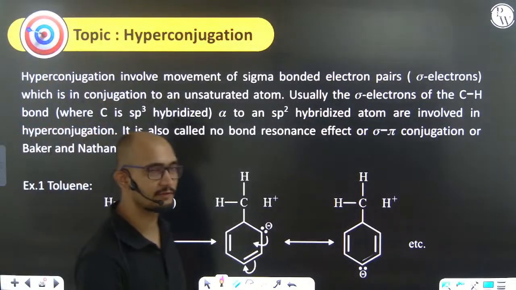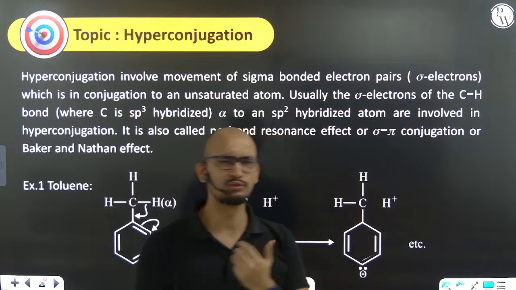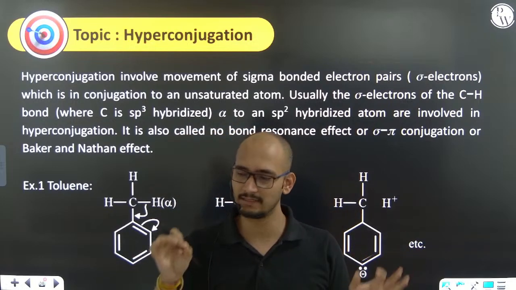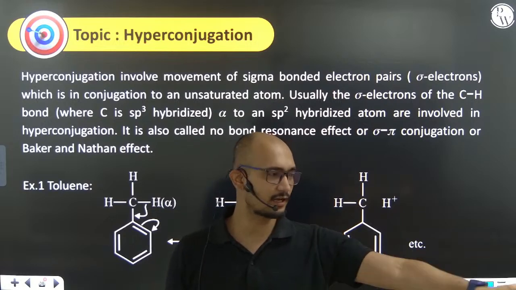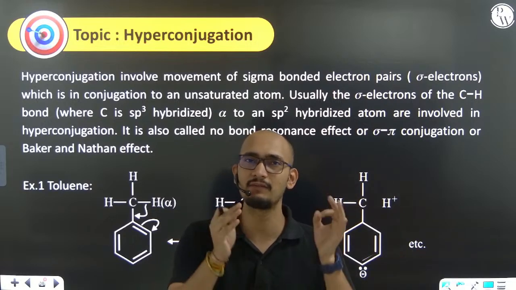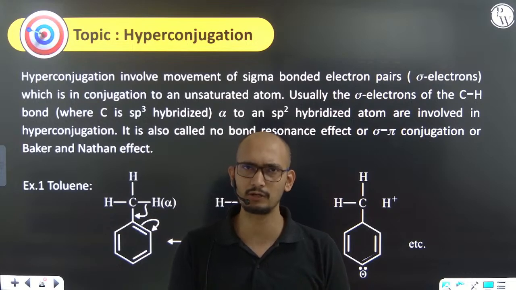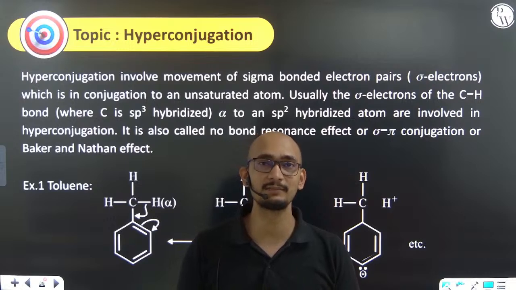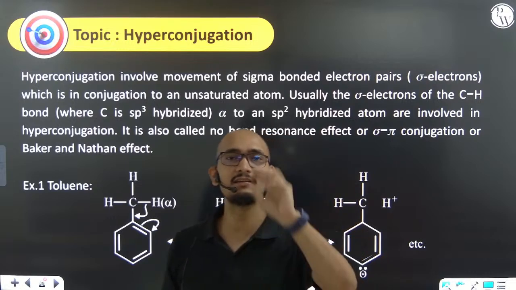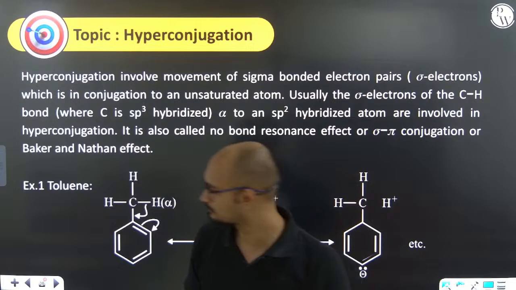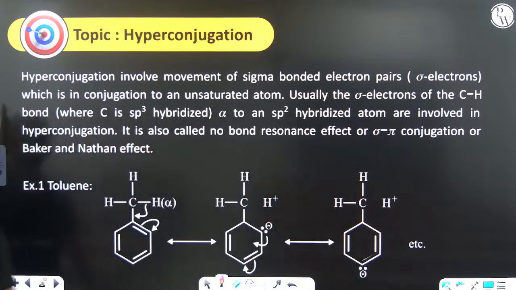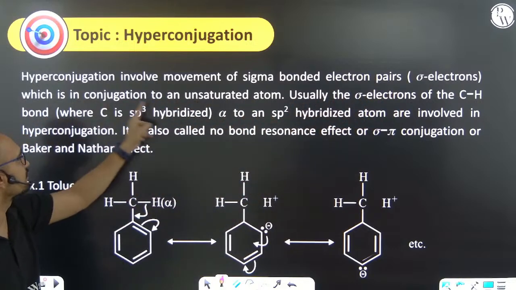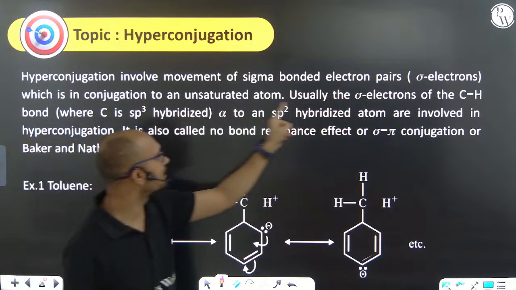Now hyperconjugation. What is the hyperconjugation effect? For hyperconjugation, always remember, there is nothing much to think about. Whenever there is a double bond, positive charge, or free radical, just see the alpha carbon. If the alpha carbon has alpha hydrogen, it will show the hyperconjugation effect, and it will increase the stability of the alkene, positive charge, or free radical. Hyperconjugation involves the movement of a sigma bonded electron pair, that is sigma electrons, in conjugation with an unsaturated atom.